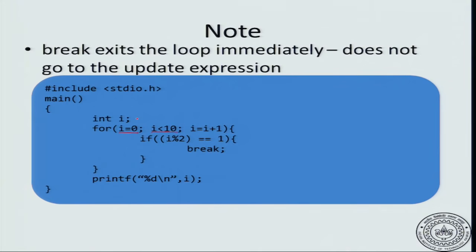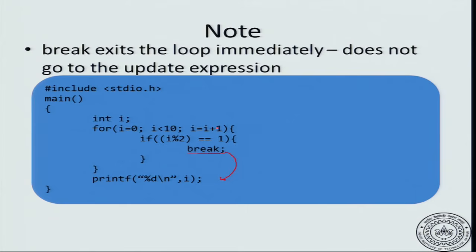So, this is step 1, this is step 2, then you execute the body of the loop, that is step 3, and then you update, this is step 4, and then go back to the test condition. So, this is the normal execution order of the loop. When you encounter a break, you exit immediately out of the loop. In particular, when you break, you do not go back to the update statement.